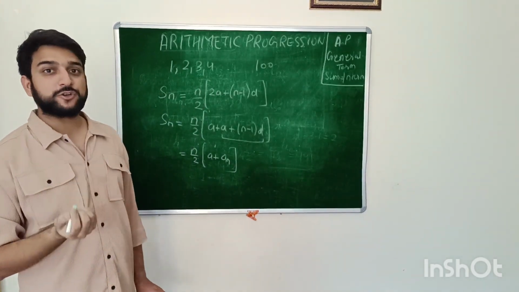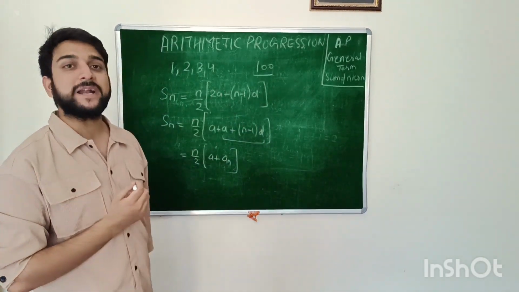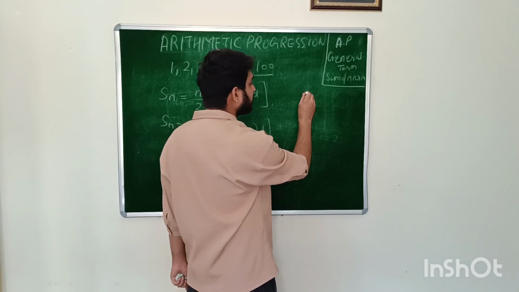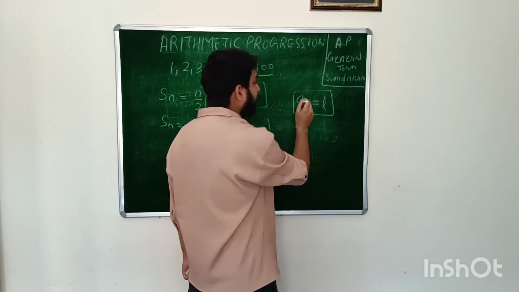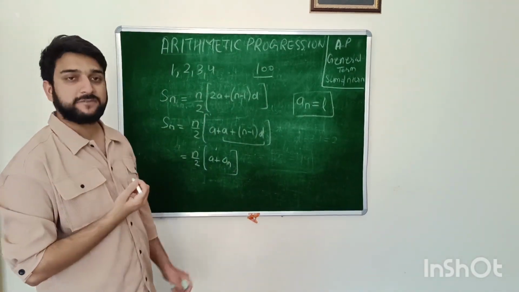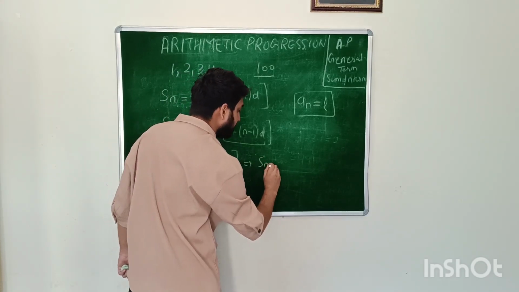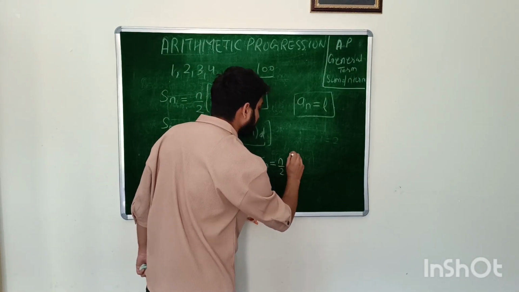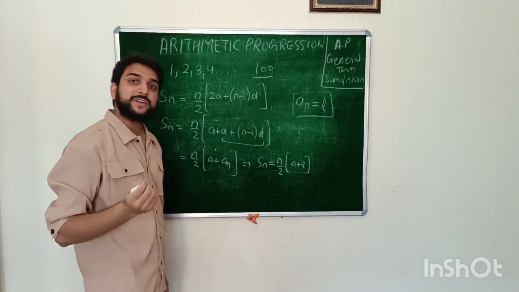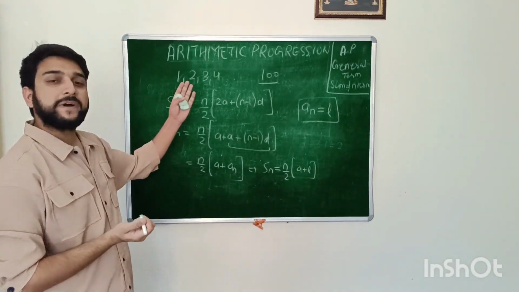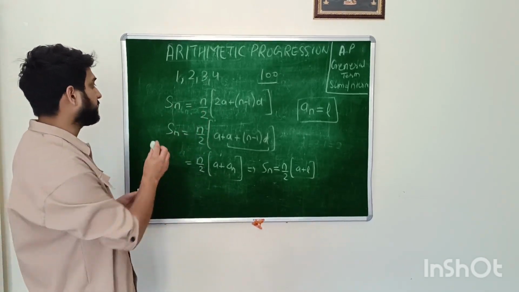An is also denoted by L. If we are given a last term, here the last term is 100, so we can also write an is equal to L. So an is our last term if we are given the last term. So we can also write it as Sn is equal to n by 2 into (a plus L). Right? You understand?